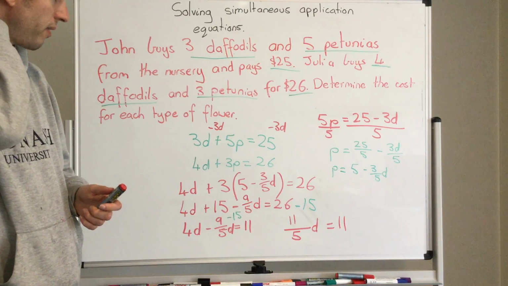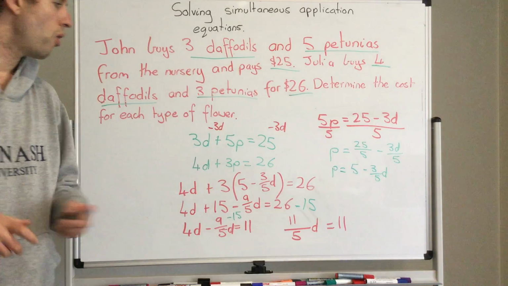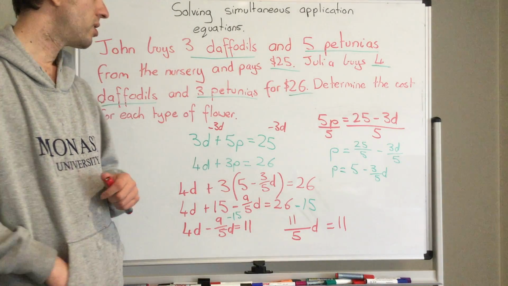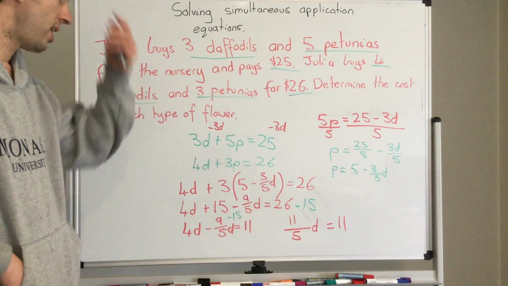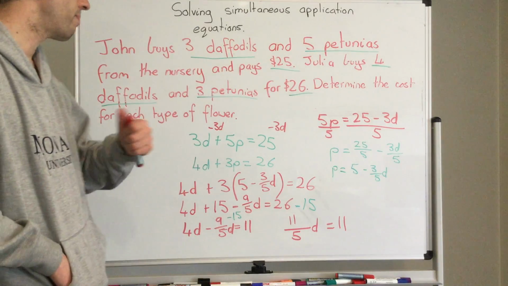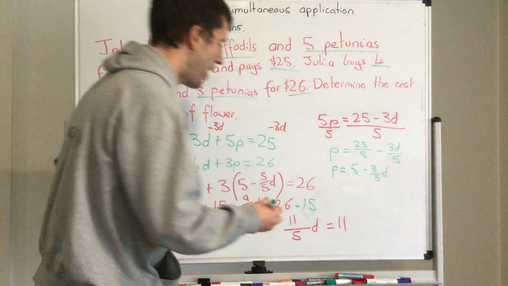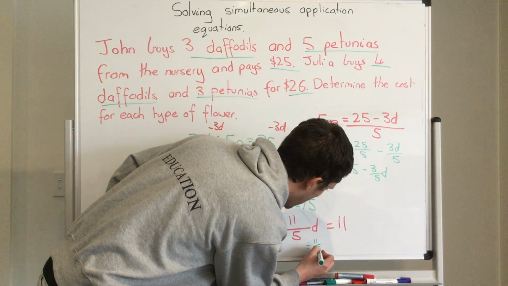So the next thing I'm going to be doing is thinking about how do I get D by itself? Well, it's timesing by 11 over 5. So what's the opposite of timesing by 11 over 5? It is dividing by 11 over 5. So I'm going to divide both sides by the fraction 11 over 5.